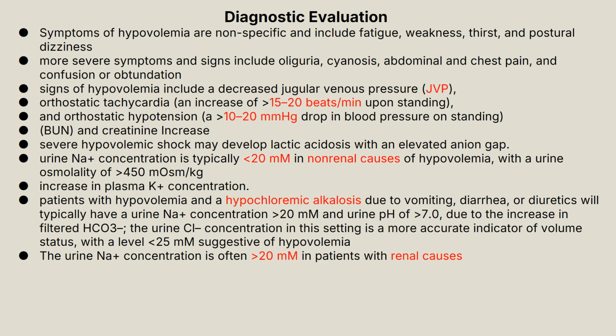Why? Because he's already losing much chloride through vomiting. Sodium losses will increase just to adjust the sodium chloride ratio in the blood. The urine sodium concentration is often more than 20 millimoles in patients with renal causes, and this is obvious because what causes them to have hypovolemia is the failure of the kidney to reabsorb sodium and thus maintain its volume.